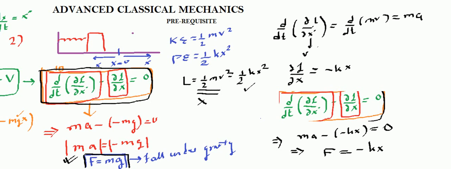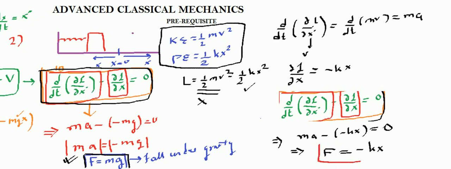Quite amazing, right? So this also does the same thing. Once you know the kinetic and potential energy of a spring mass system, the Lagrangian equation of motion happily gave us the force that is responsible for simple harmonic oscillation.